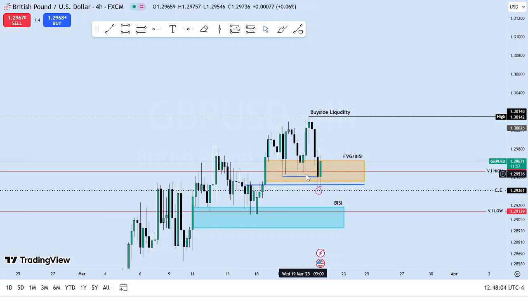Then Wednesday low has been taken, that's the previous day low. So the algo will seek for the previous day high, which is this buy side liquidity resting above. Price has taken out the lows here by body and with wick.